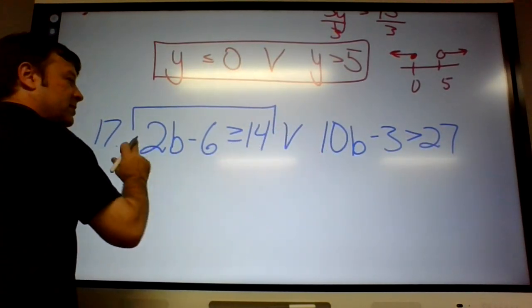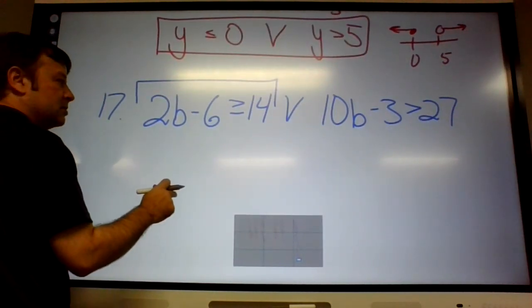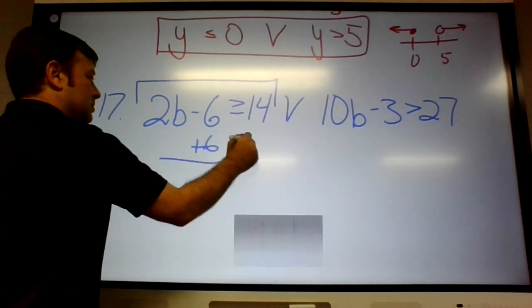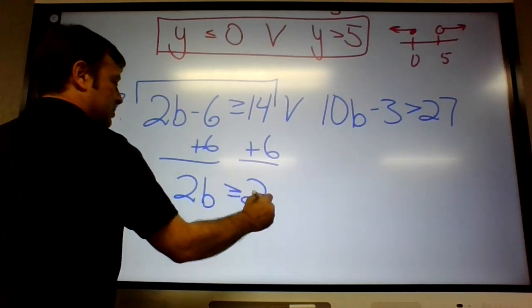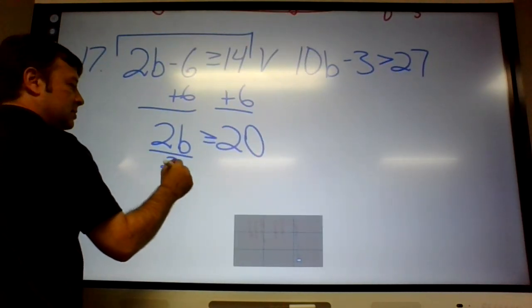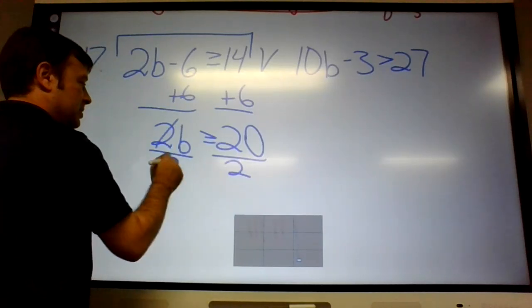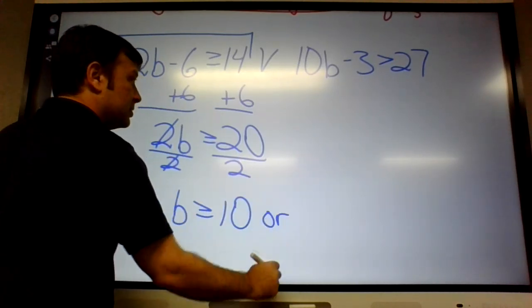What would I do on this left one? You would plus 6. And then you would divide the 2. So it's b is greater than or equal to 10.